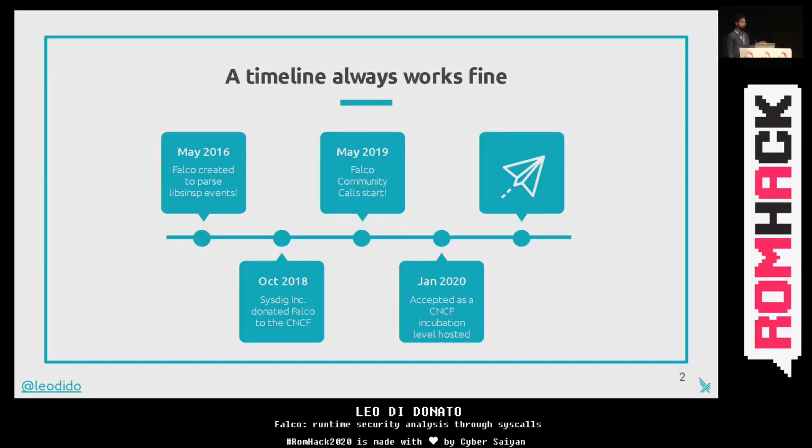Anyway, the scope of Falco is to track everything that's happening at the lowest level of your system and match these signals with security policies, and eventually and hopefully fire alerts.